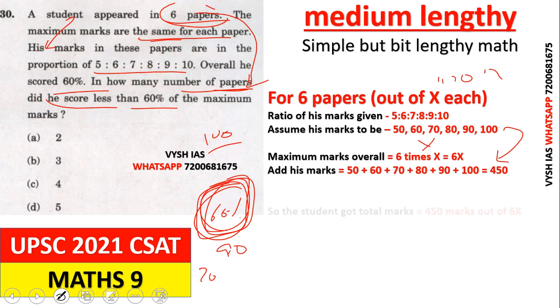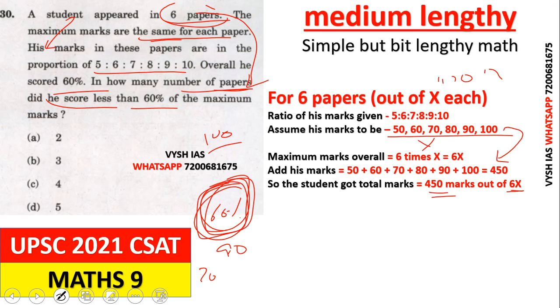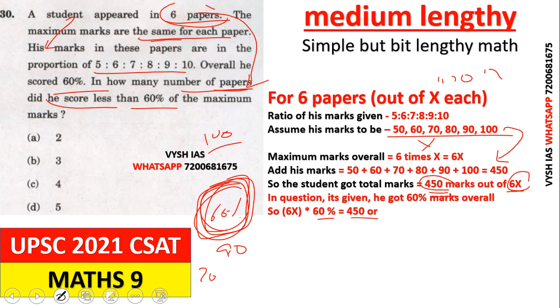So that means he got 450 out of 6X. 6X is the total marks of the 6 papers, and 450 is the mark which he got. Now in the question it is given that he got 60%. That means in 6X, he got 60%. And we have already calculated that he got 450 marks. So 6X into 60% should be 450. This is our final conclusion.